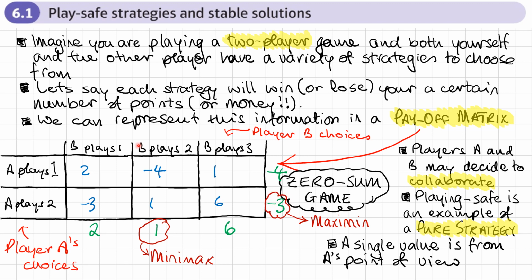Whereas for player B, they should play 2, and the worst that they're going to lose is -1. So remember, this 1 represents what A wins, so they would lose 1. So just remember that. These numbers are from A's perspective, from their point of view. So B's point of view is going to be the negative of these values.